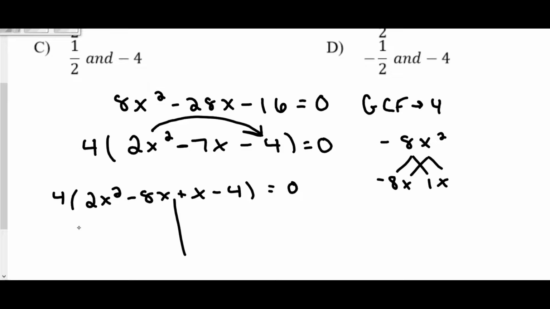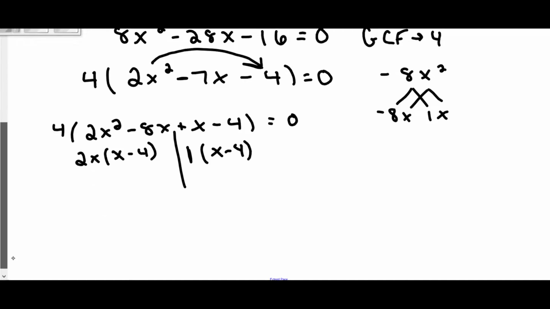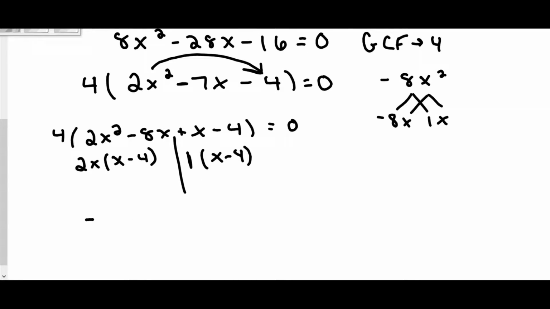So 2x, that leaves me with x minus 4. And I want the parentheses to match, so I'm just going to pull out a 1 over here because I already have the x minus 4. So, smushed everything together, 4 times 2x plus 1 times x minus 4 all equals 0.